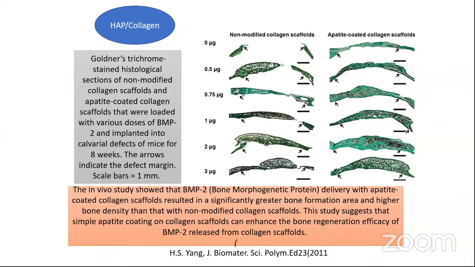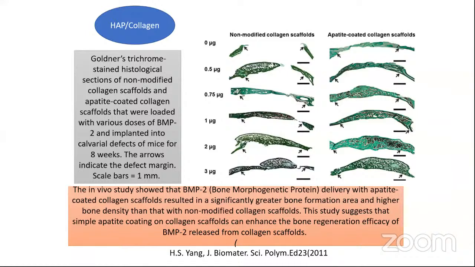And the arrow shows how the defect is regenerated or cured. So the in vivo study shows that bone morphogenetic protein 2 delivery with hydroxyapatite coated collagen scaffolds resulted in significantly greater regeneration than with non-modified collagen scaffold.